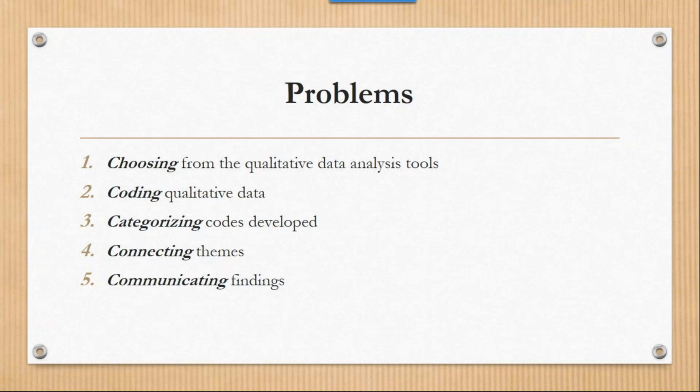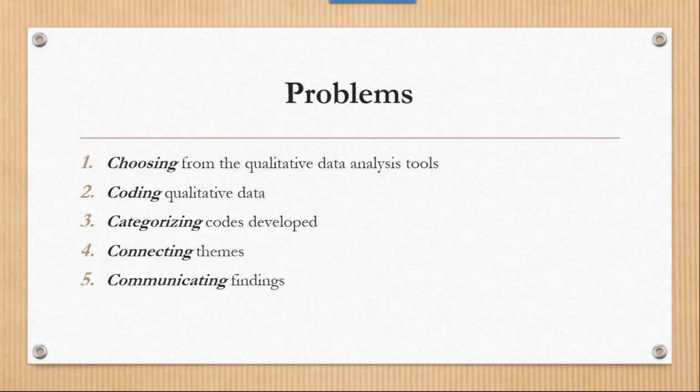And also in terms of coding, they ask questions about what specific strategy should I use based on their research question or the research approach they are using or the data that they have. And also how they can categorize the codes after they have developed maybe 20 or 30 codes.